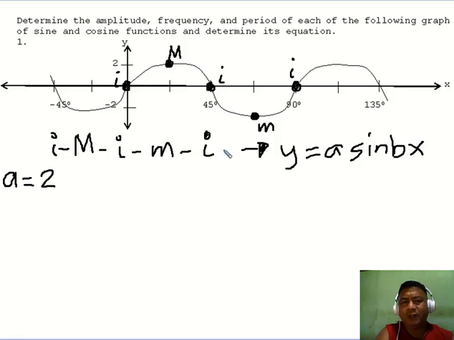Now, how are we going to determine the frequency?